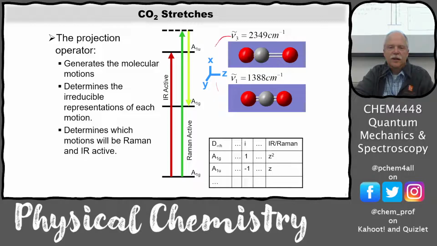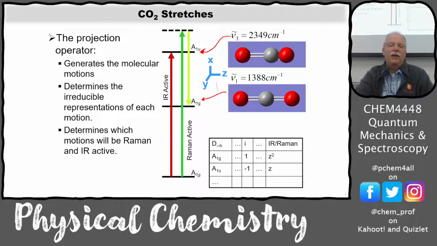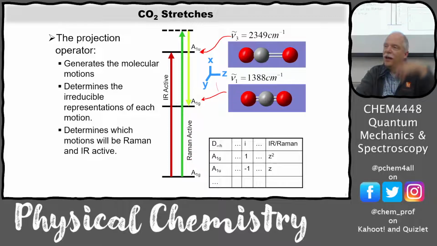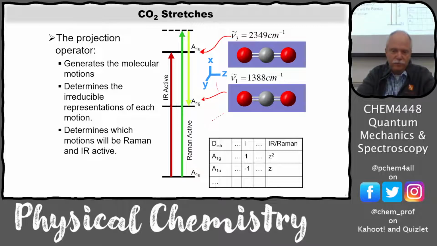So this one goes here. That's got A1u symmetry. It's along the z-axis. And this one goes here, and it's A1g. So you have an even ground state and an even upper state, and light is odd. So you can't directly hit that one. You have to use the Raman technique to get that one.